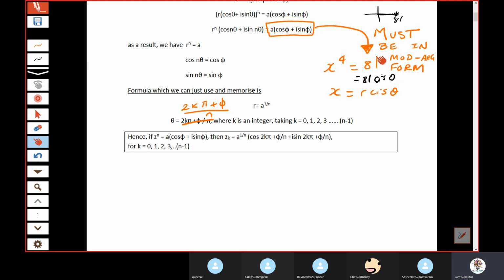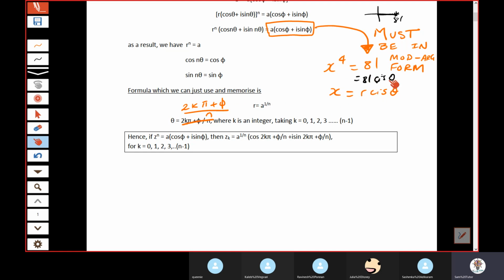So, this A and phi is your mod arg form for the original case, but then your solutions are always written as r cis theta. You'll see it in a question. The only reason I've done it like this is so that you don't get confused.